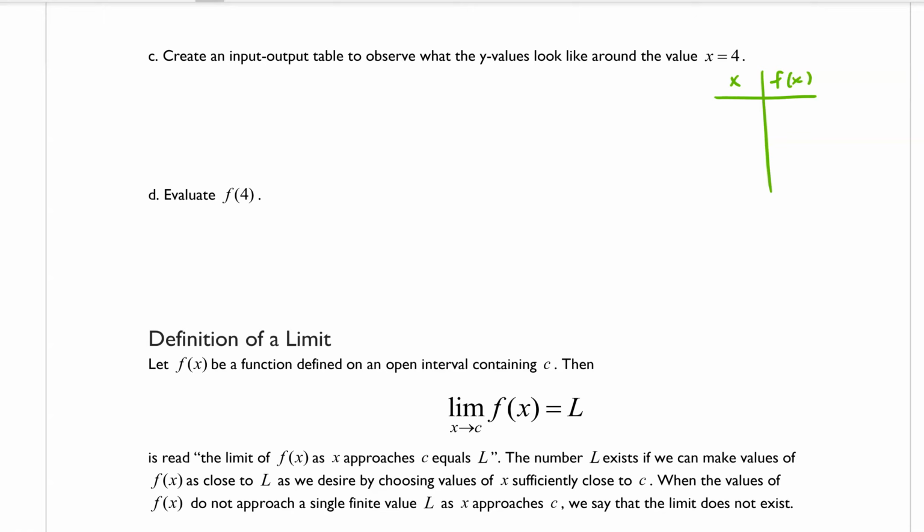And then I want some values that are close to 4 on the other side of 4 that are greater than 4. So I want values like 4.001, 4.01, and 4.1, and things like that. But I'm not going to calculate these values by hand. This is something a calculator would come in handy for, and I'm actually going to compute these values in Microsoft Excel.